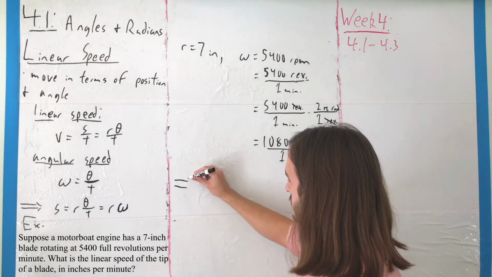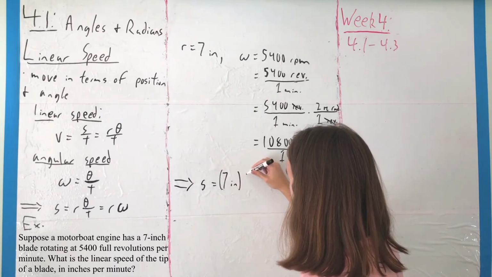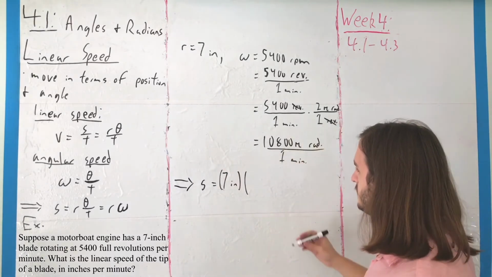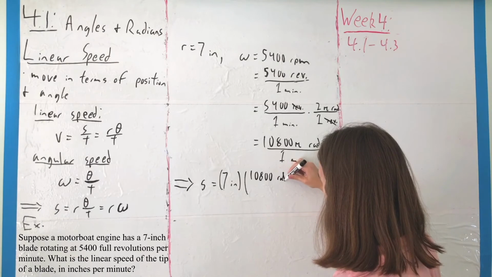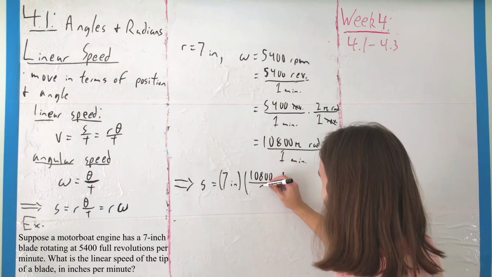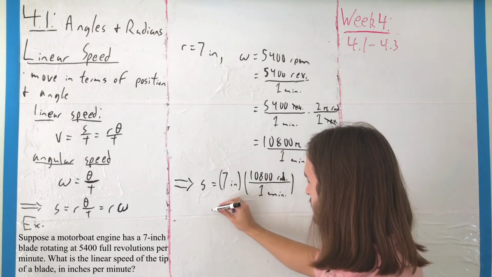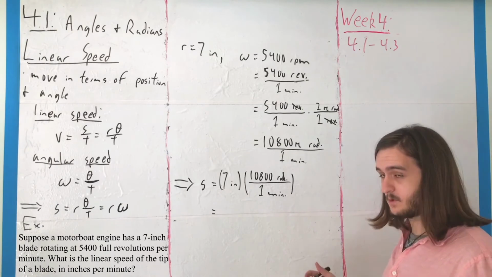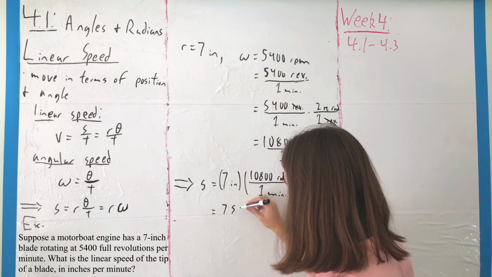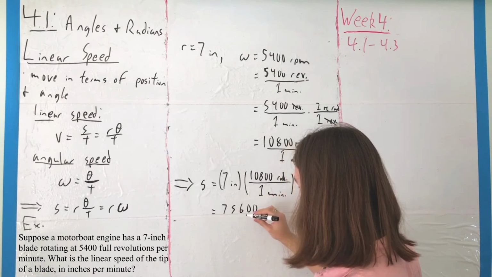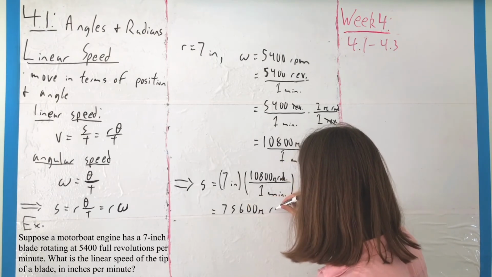That is, s is equal to 7 inches multiplied by our speed here, 10,800, oh boy, radians per minute, which here will give us a somewhat large-looking value of 75,600 pi radians.